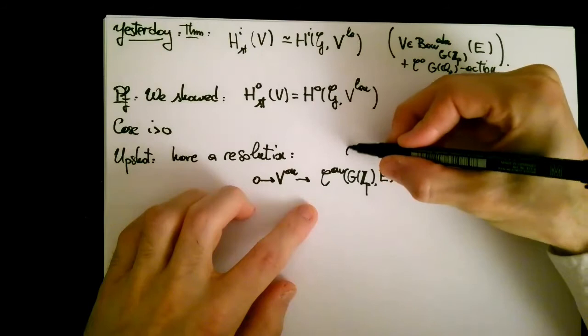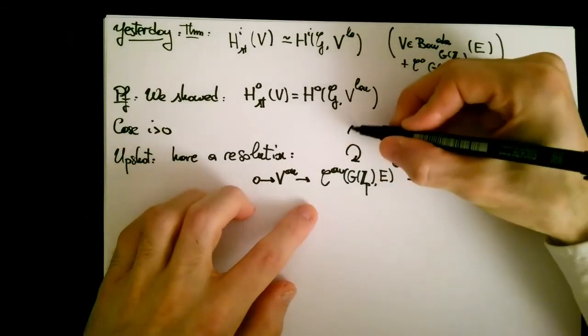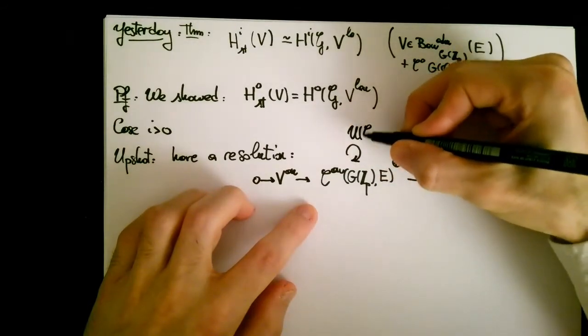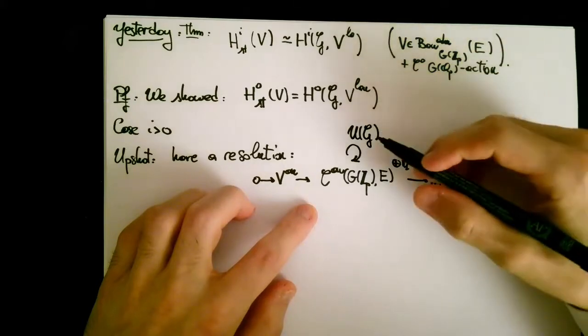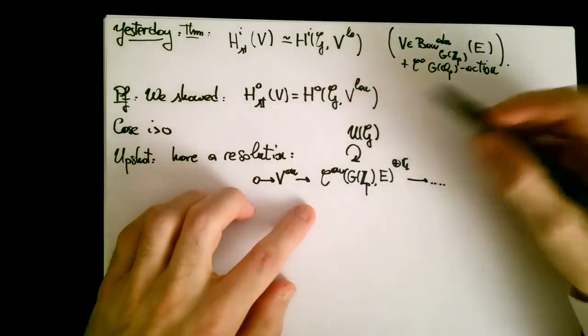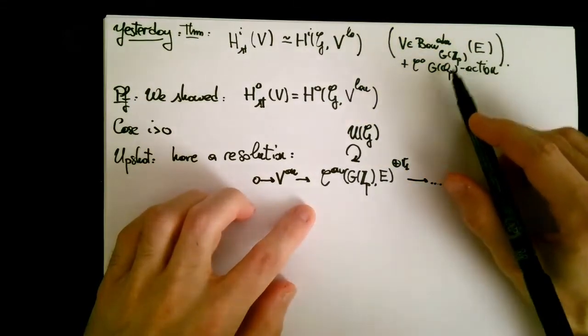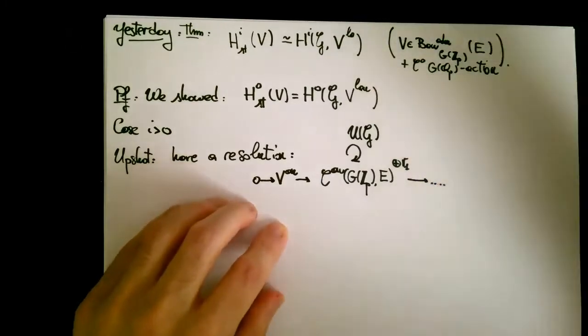And here we have an action of the universal enveloping algebra of G. This is because the Lie algebra of G over C_p is the same as the Lie algebra of G over Q_p.